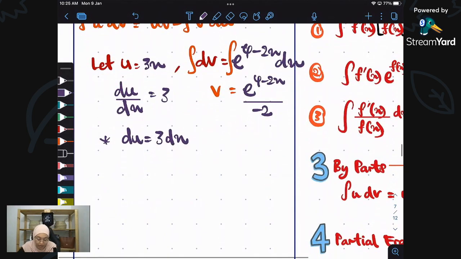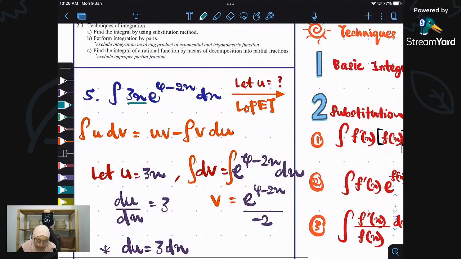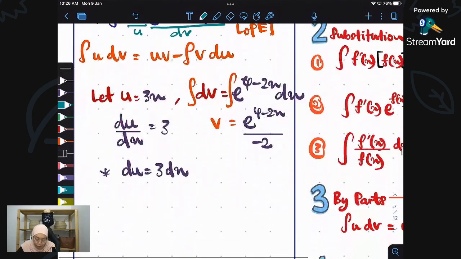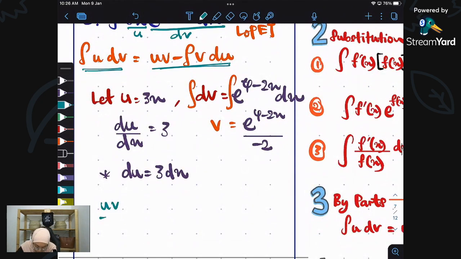And now we are ready to use the formula. This is the question, the u and the dv. But for this question, I do not want to write this part anymore; it is fine not to write it. I directly write uv minus integral v du. So my uv is 3x times these things.